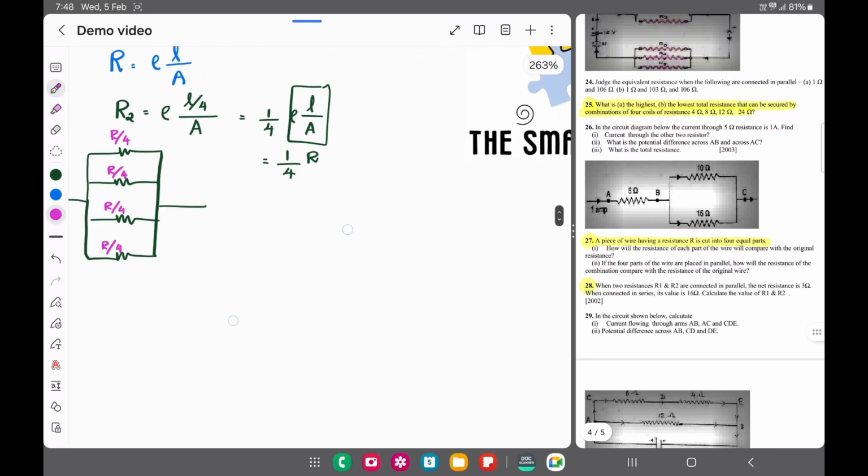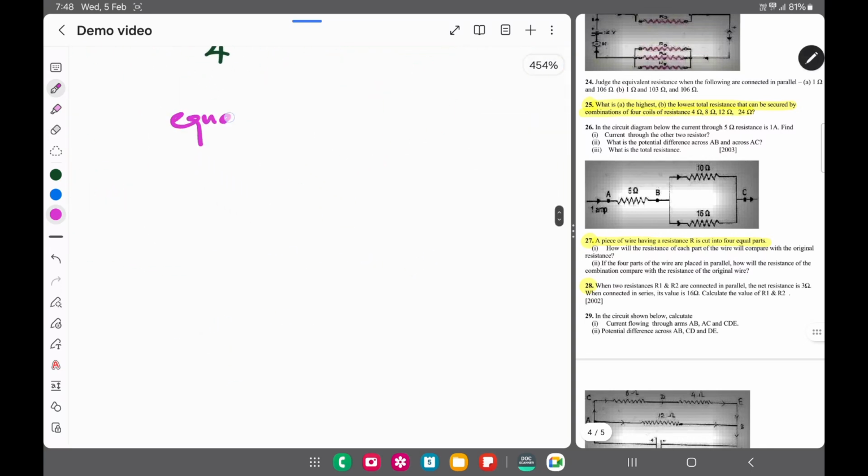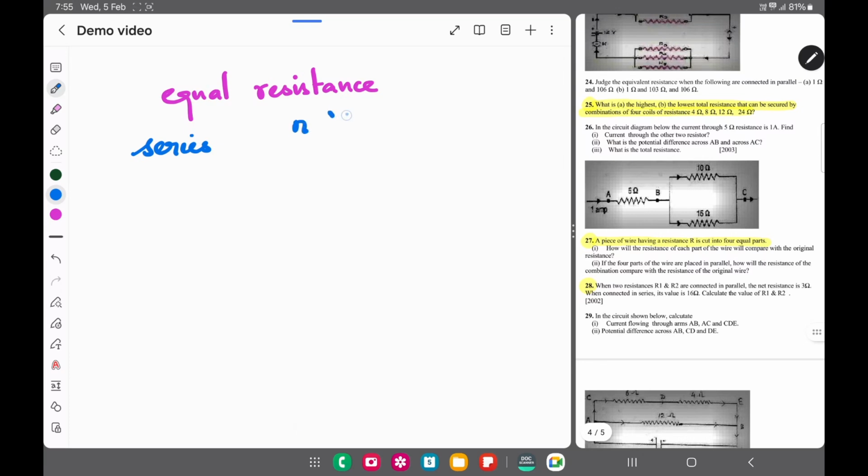We have studied the conditions for this: equal resistance in series and parallel combination. What is the specific formula? In the case of series connection with equal resistances, if you have n number of resistances, all of them R, then the total resistance would be n times R.